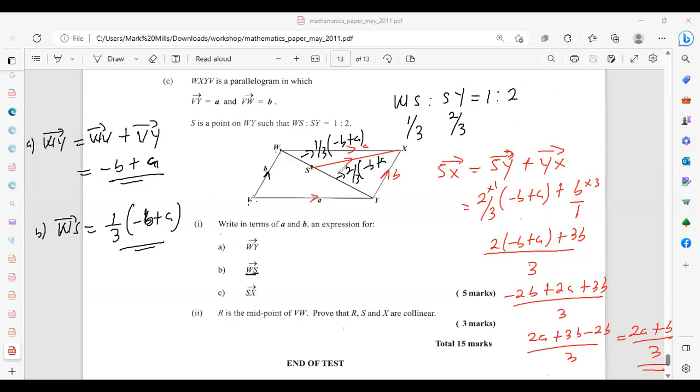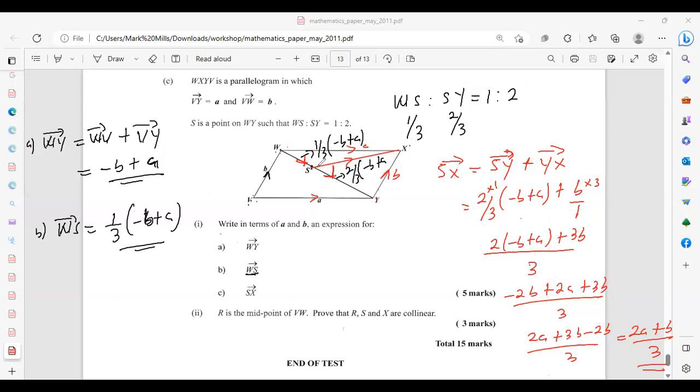So remember, if you want to find SX, you can move from S to W and W to X, or you can move from S to Y, then Y to X. Now, I know that the arrows here are supposed to be coming down, right? So it's easier for me to go down and just go this way.